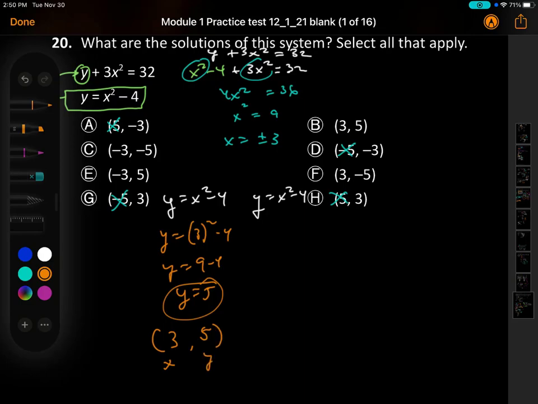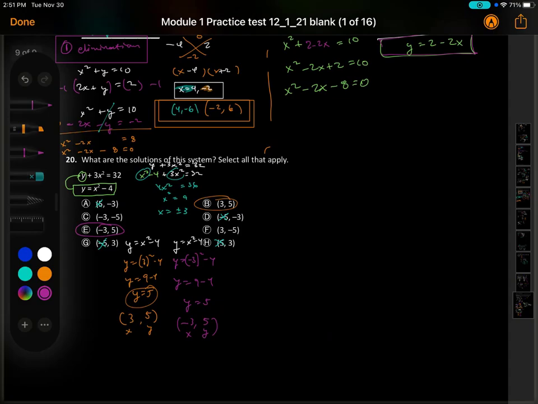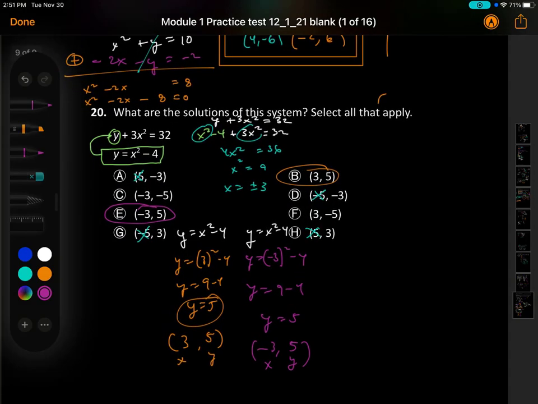So 3, 5 is one of my answers. Let's test the other one. This one I'll do -3. So -3 for x, and then my y value was 5. -3, 5. So that would be choice E. So notice how I did both of those, and those are your solutions. Hopefully that was helpful. See you guys later.